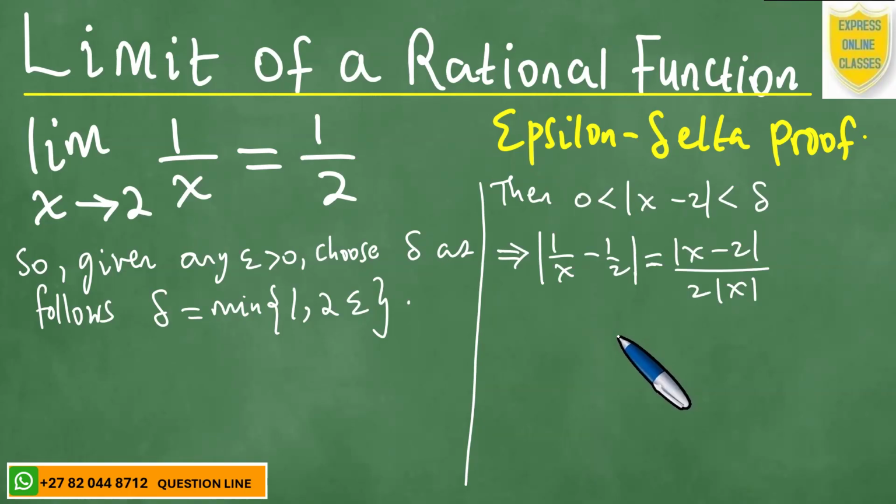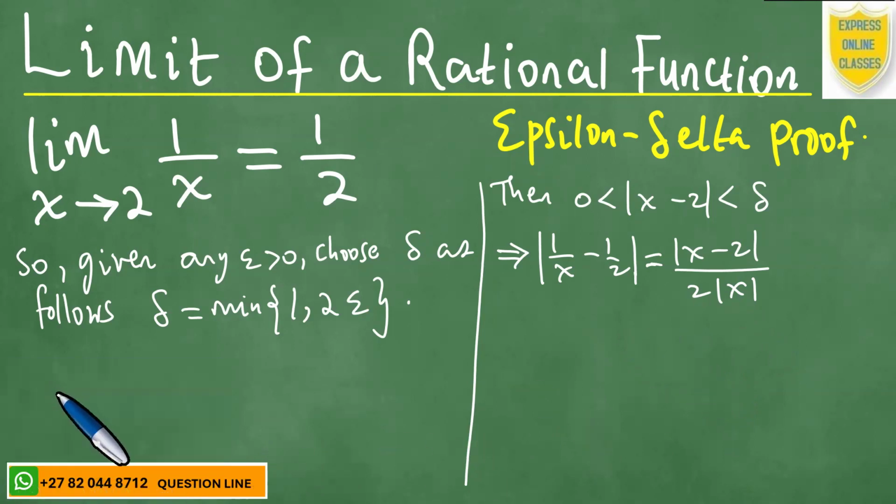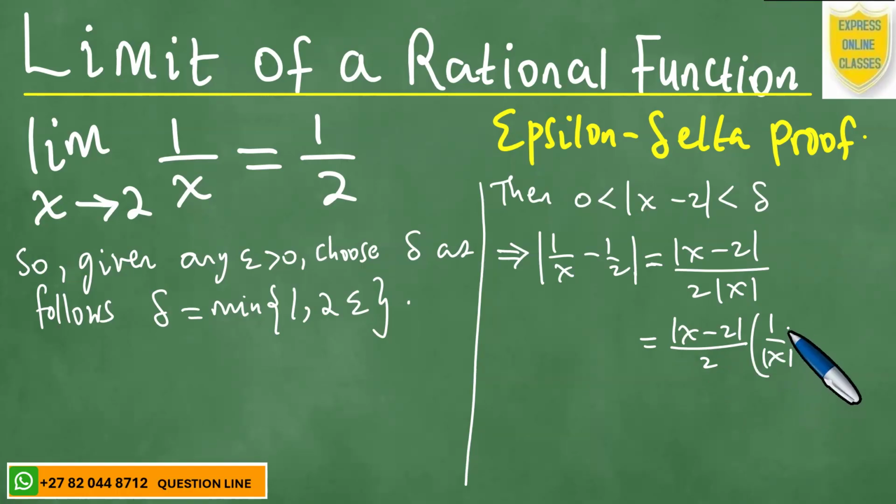But most importantly, we can first write the equality: it is the absolute value of x minus 2 divided by 2 and then 1 over the absolute value of x, exactly this way.